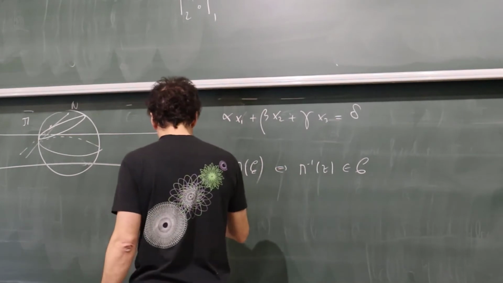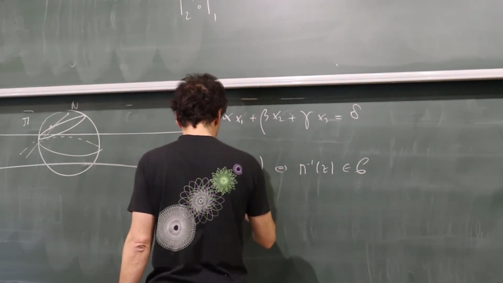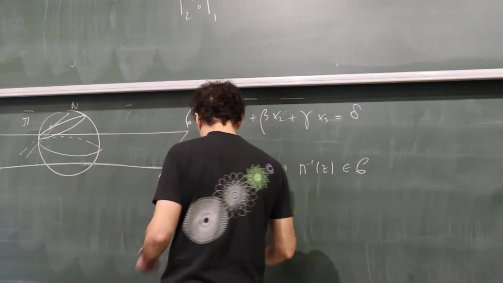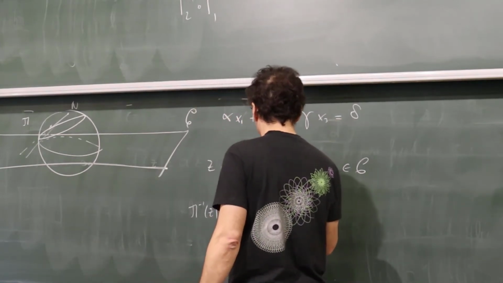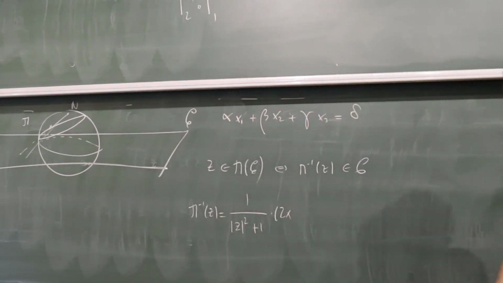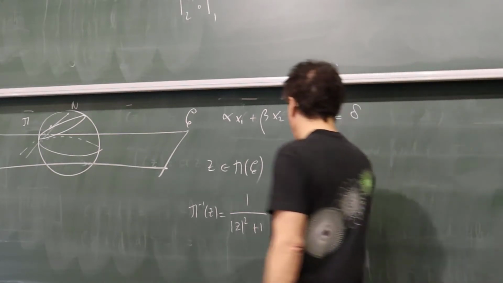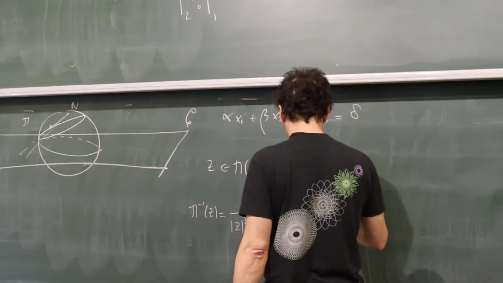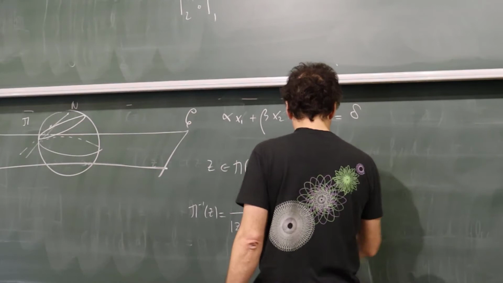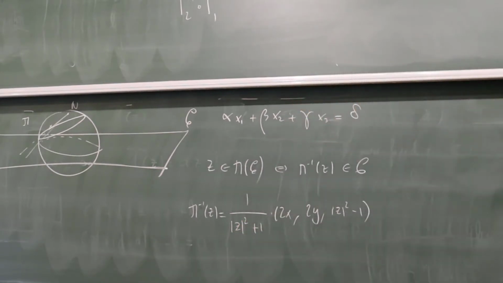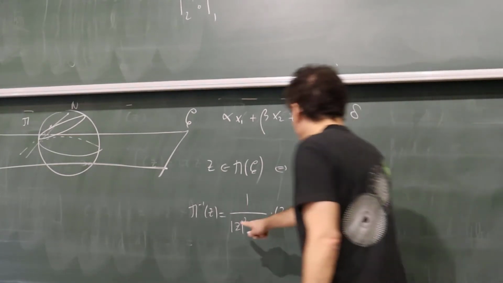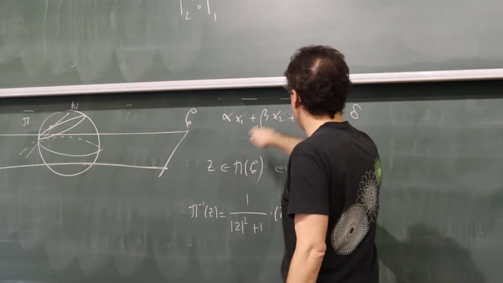Pi minus 1 of Z was 1 over modulo of Z squared plus 1 times 2x, 2y, and modulo Z squared minus 1, where x was the real part of Z. So we need that this point is on the circle.